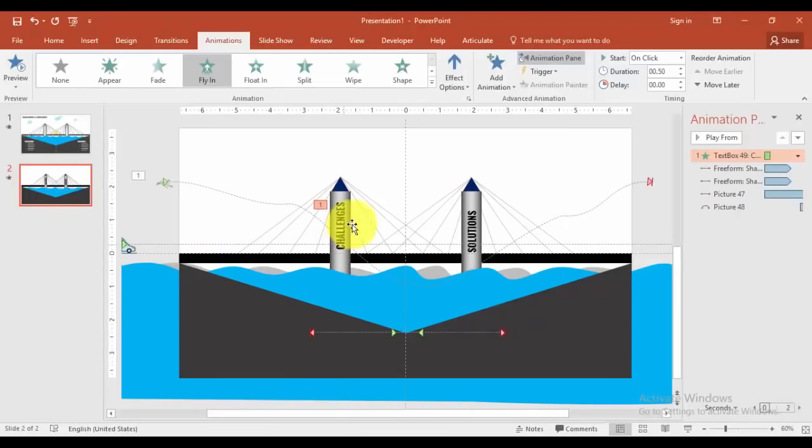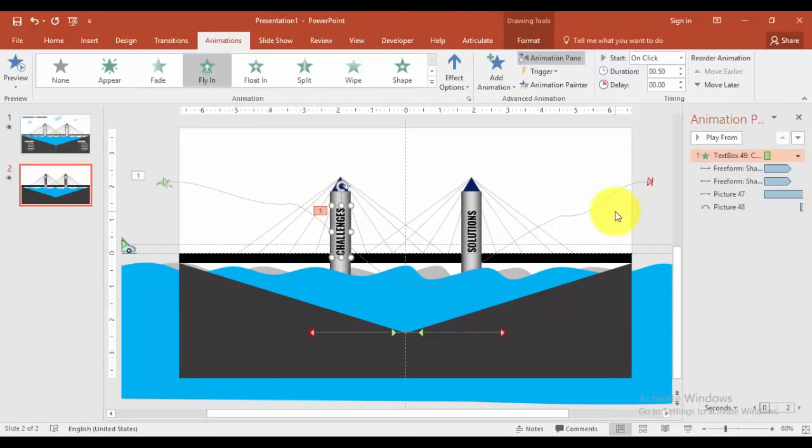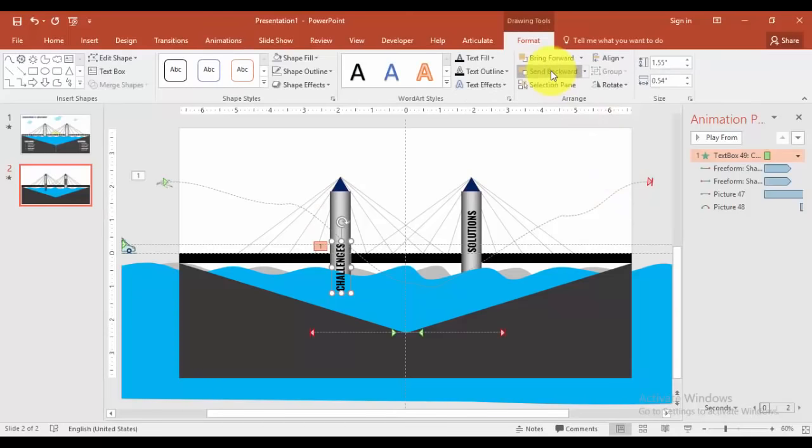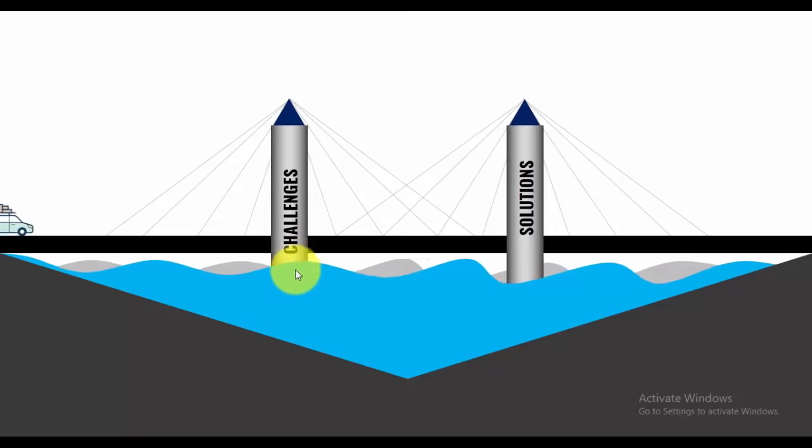So what I'm going to do now is bring this down, select the object, and go to Format, Send to Back. Now let's see. Yes, it is coming from inside now.